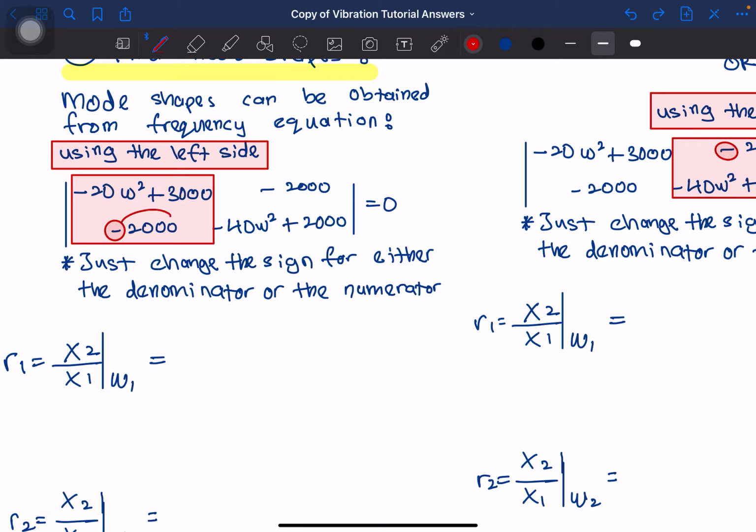So I'll change negative 2000 into positive 2000. You can also change it into positive 20 omega squared minus 3000 over negative 2000.